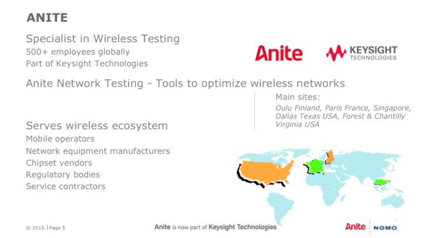I come from the network testing side. We have a wide area of customers in the mobile ecosystem, mainly operators, equipment manufacturers, services companies, and also some chipset vendors and regulators as well. We have offices globally in Oulu, Paris, Singapore, Dallas, Forest, and Chantilly, Virginia as well.